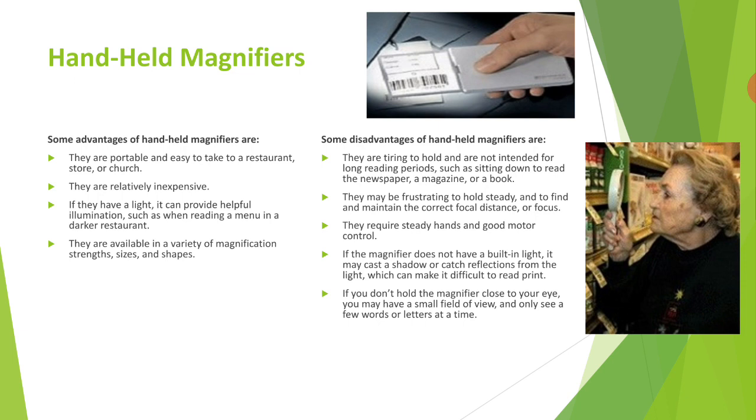They come in full size or as a small pocket magnifier and can also have a built-in bright light. So if you want a magnifier that you can put in your pocket and use anywhere you go, you can use this. Now, using handheld magnifiers for low vision patients, we have advantages.